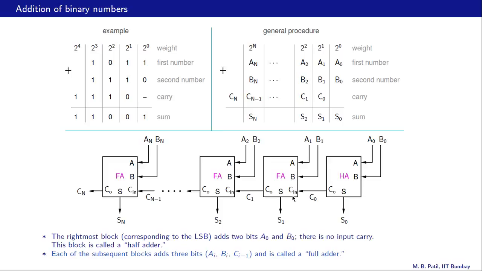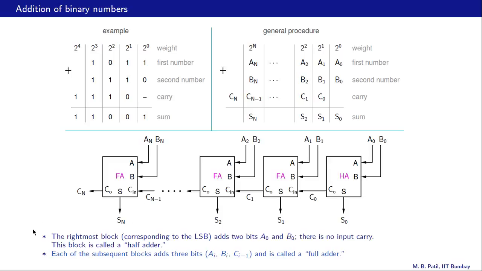This is the carry in, this is the output sum bit, and this is the carry out. So in this case, for example, we have A1 and B1 there. C0 is coming as the carry in from the previous stage, and the sum bit is S1, and the carry out is C1, and so on.